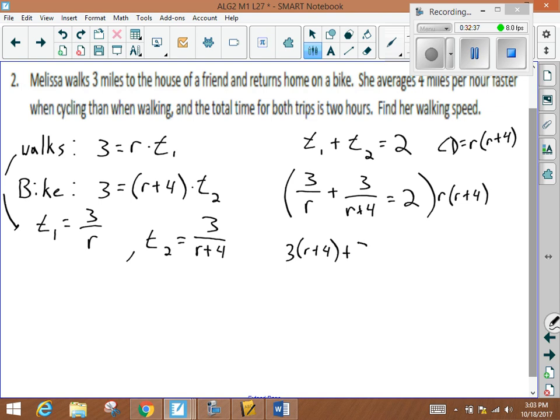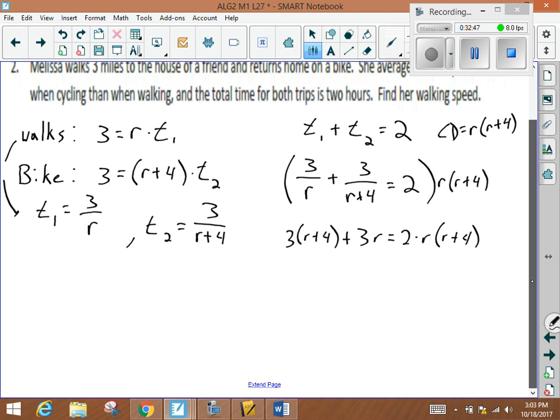Over here, 3R. And then this will be 2 times R, or 2R, times R plus 4. All right. So when I distribute this, I wind up with 3R plus 12. And I'll just leave this 3R here. And then 2R times R is going to give me 2R squared. And 2R times 4 is 8.